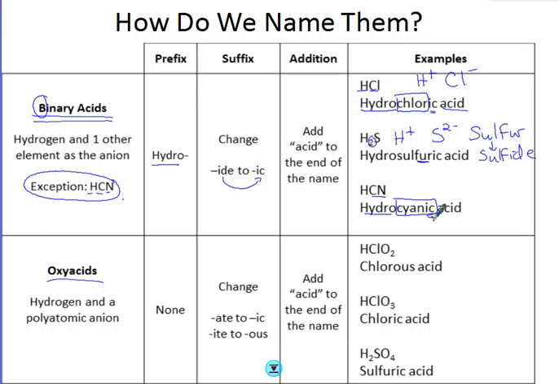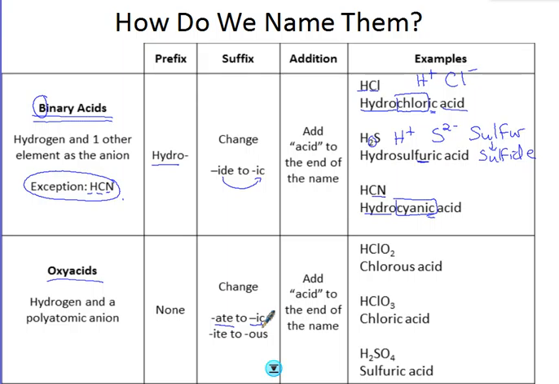Okay, oxyacids are a little bit different. Oxyacids, no hydro. And this is where people struggle a little bit with the suffix. If it ends in "ate," you change it to "ic." The way I remember that, if you ate something bad, you say "ick." Think of orange juice.